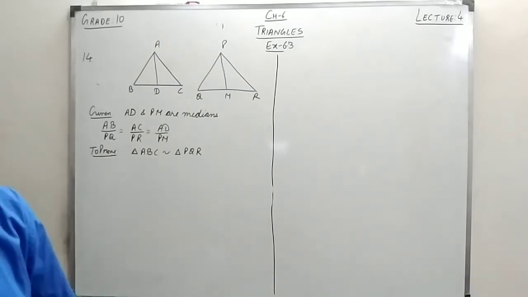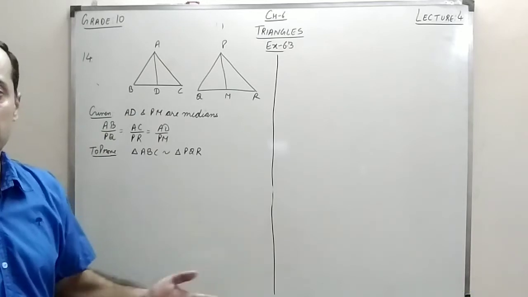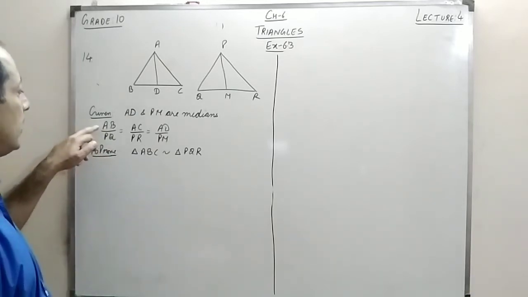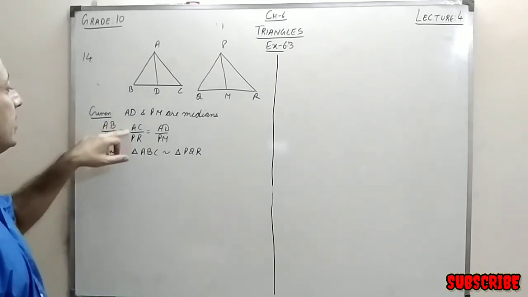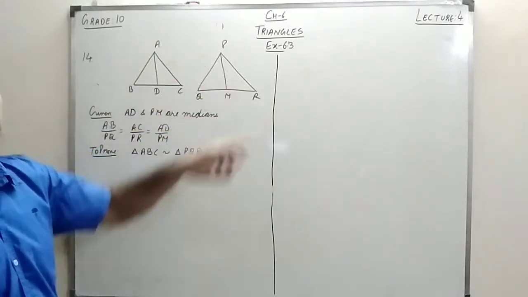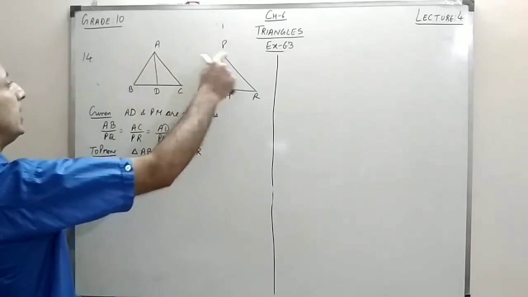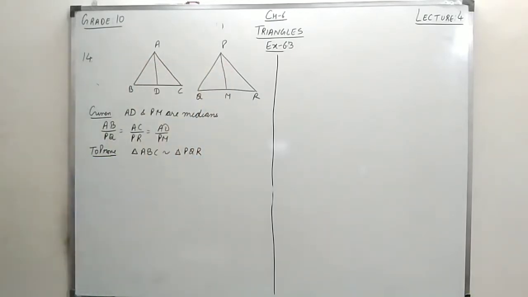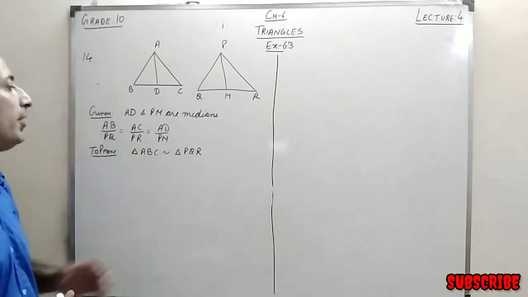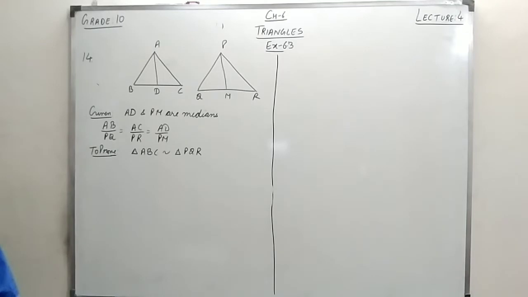Now if we go by the same way, it's given to me that AD and PM are medians, which were given in the question number 12 also. Here, AB by PQ is equal to AC by PR instead of BC by QR. This side is given. It means this time I will have to prove this angle A equal to angle P. Right? Now, how can we prove that triangle ABC is similar to triangle PQR?